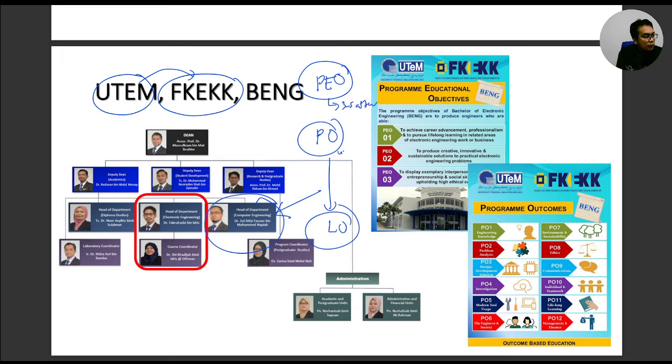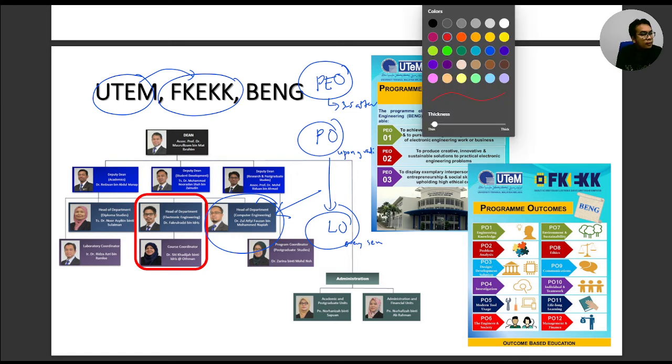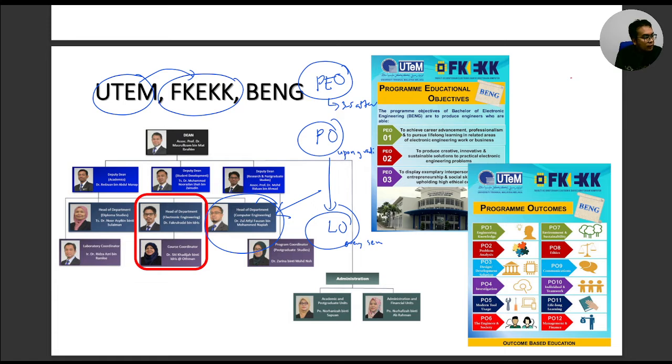This one, PO, is assessed upon graduation. And this one is every semester. So that would be the level, or tingkat, of those assessments in generating constructive alignment in our faculty. So we can say that the LO level is at the subject matter. This one is the program matter.